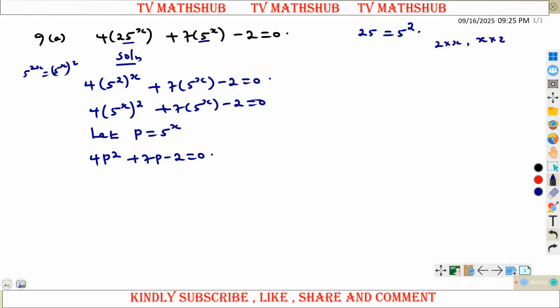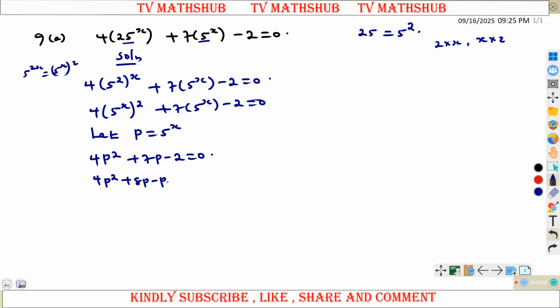From here, you need to solve this. We need factors of negative 8 which add together to give us 7, and when multiplied give us negative 8. That is 8p minus p: when you add this you get 7p, and when you multiply, 8 times negative 1 gives negative 8.